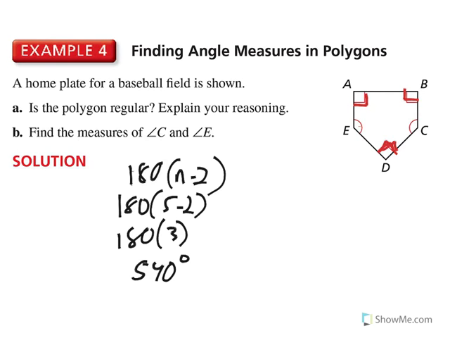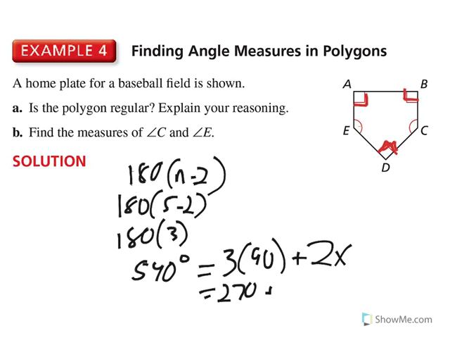And then I can just look at my other angles. I have 3 that are 90 degrees, plus I have 2 of an unknown size. So if I solve this, 3 times 90 gives me 270, still plus 2x.